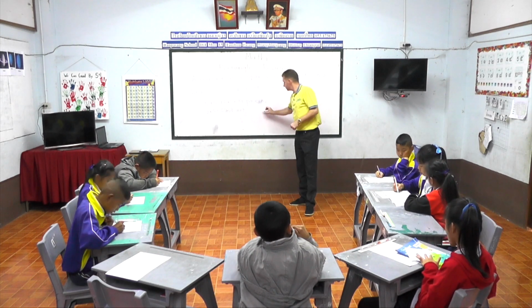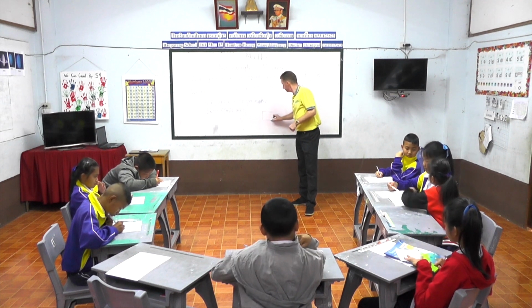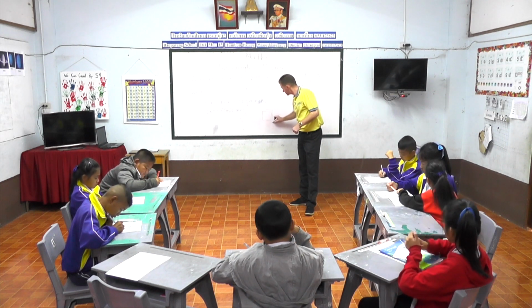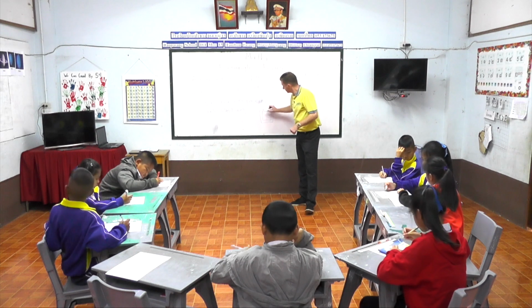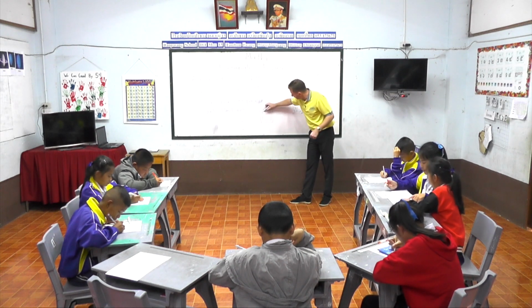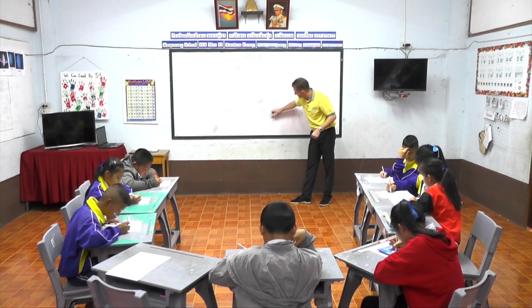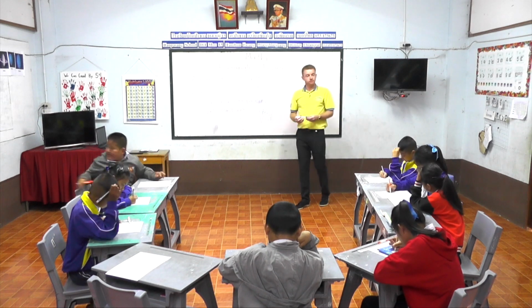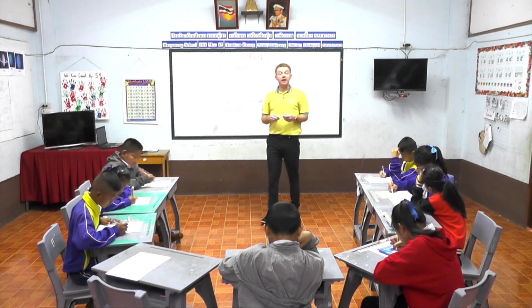So what we mean by perimeter is around the outside. That's the perimeter, the distance around the shape. The area is everything inside. And the two different ways to work out.